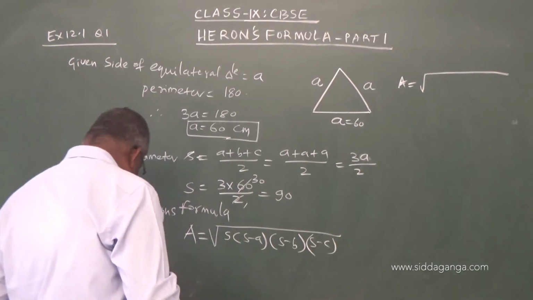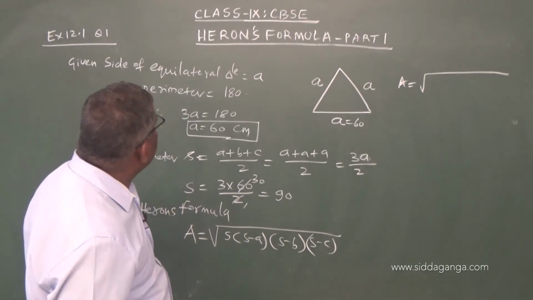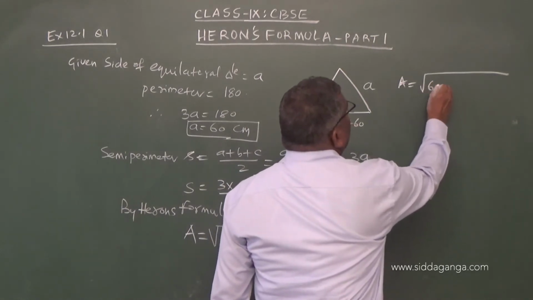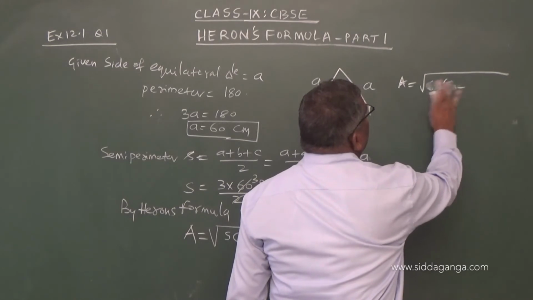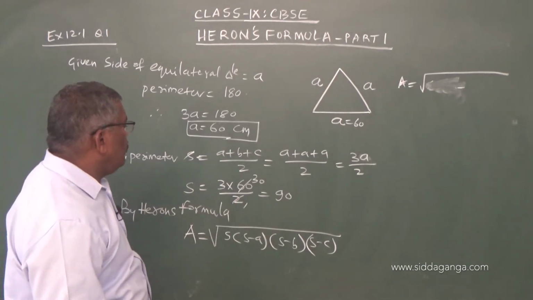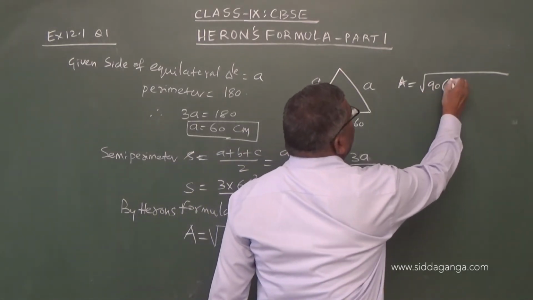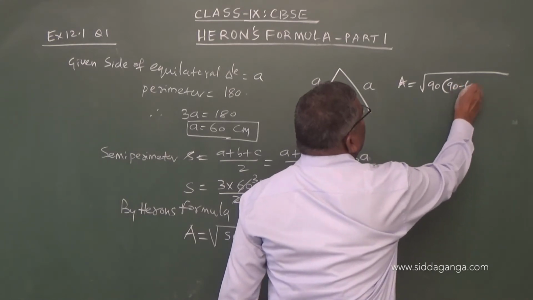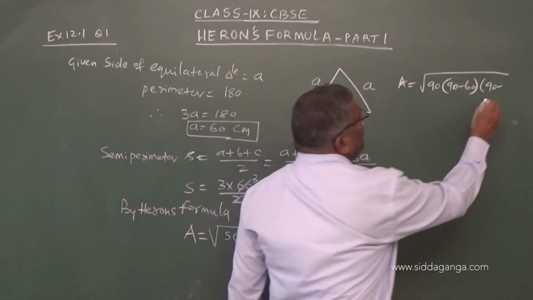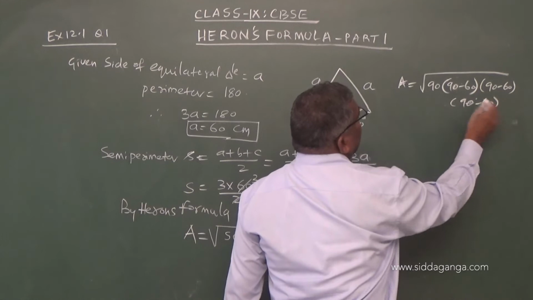So that is S is 3A by 2. So 60, 90. You can see here, S is 90, and 90 minus 60 into 90 minus 60 into 90 minus 60, because A, B, C are same in this case.